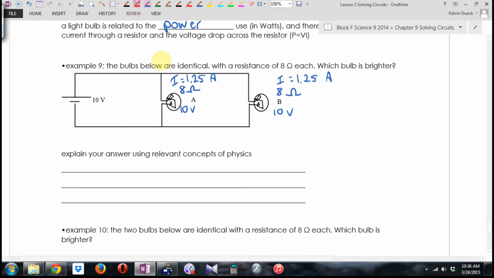Okay. How many watts? How can I find power?